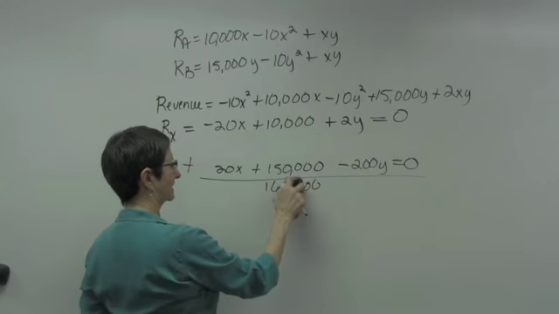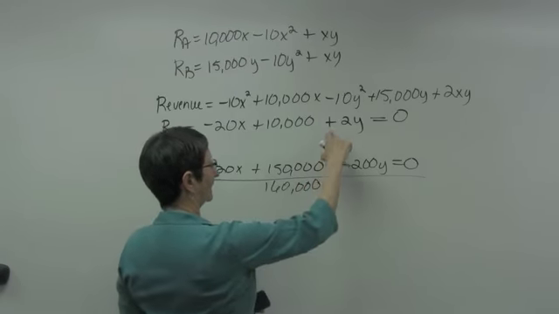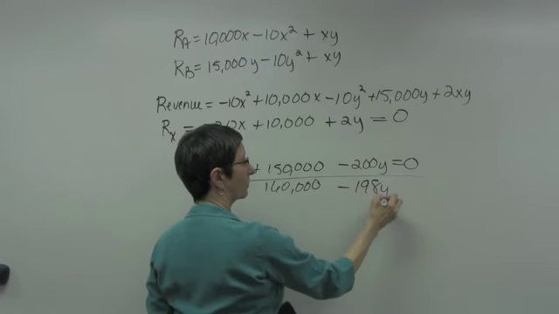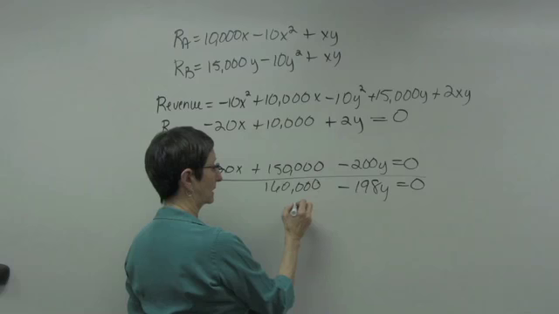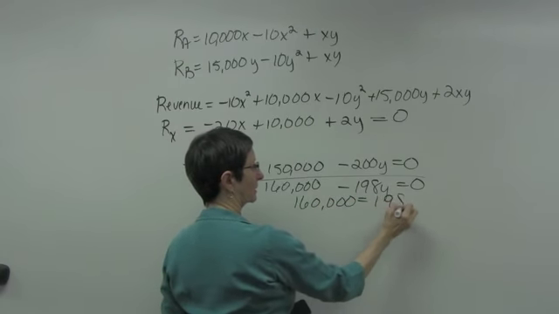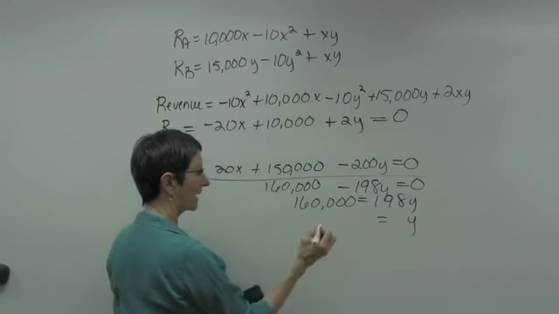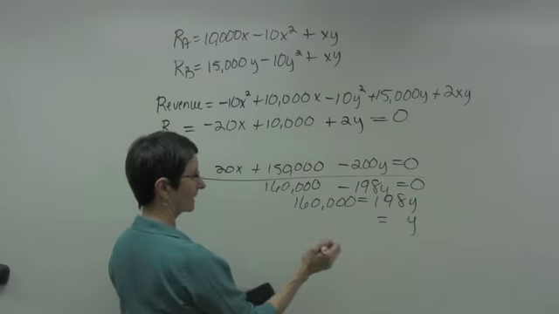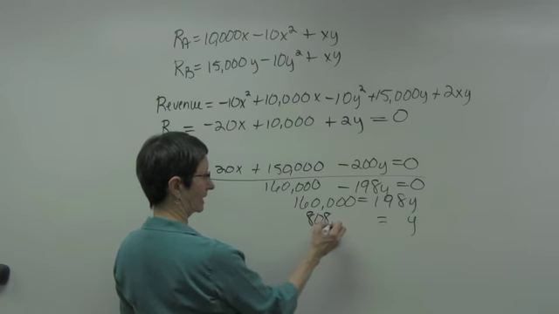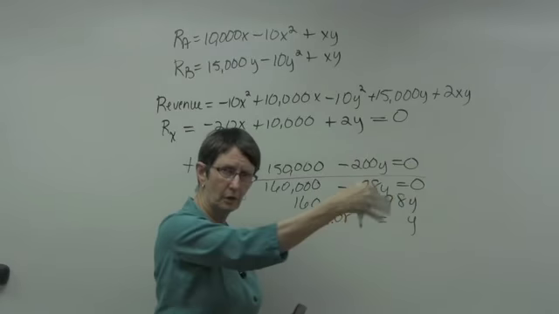Zeros look a little like my 6's, don't they? Plus 2 minus 200 is negative 198Y equal to 0. So 160,000 equals 198Y. Y is about, if you divide with your nice calculator or Excel, 808.080808.